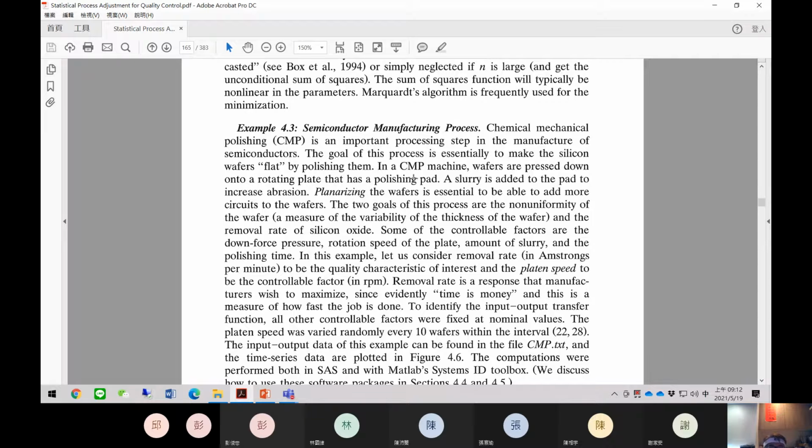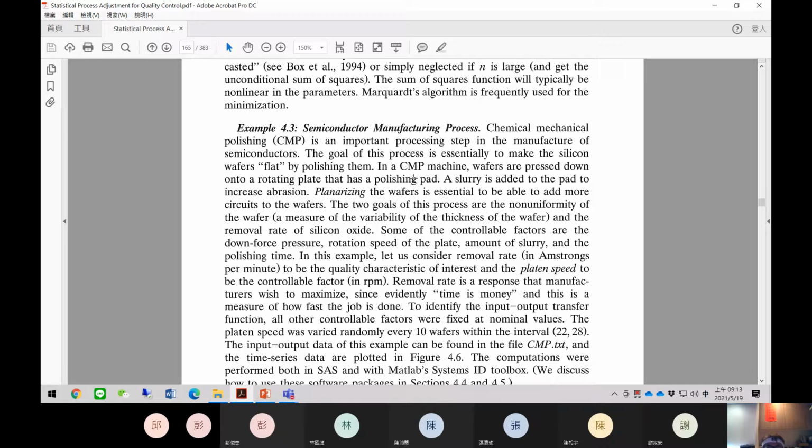The primary goal of the process is to polish the surface of the wafer, essentially make the silicon wafer flat, remove some extra nitride, most of it should be the nitride. In a CMP machine, the wafer is pressed down by the handler onto a rotating table or platen that has a polish pad equipped above.